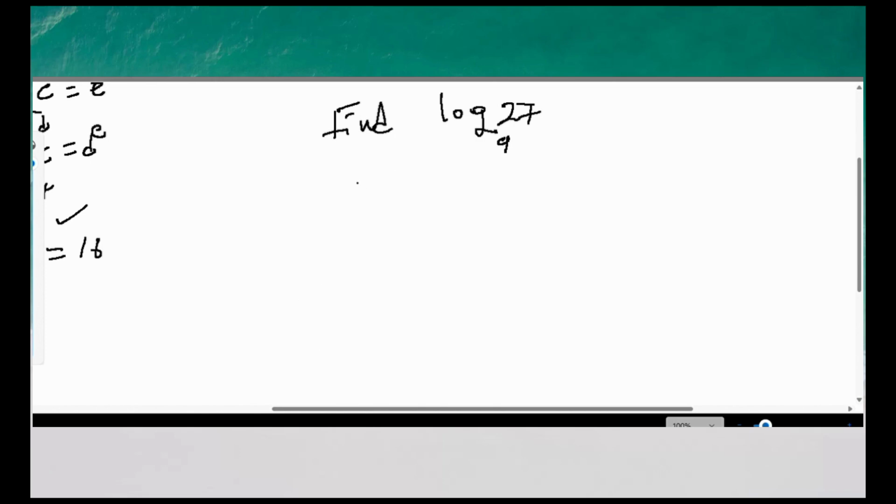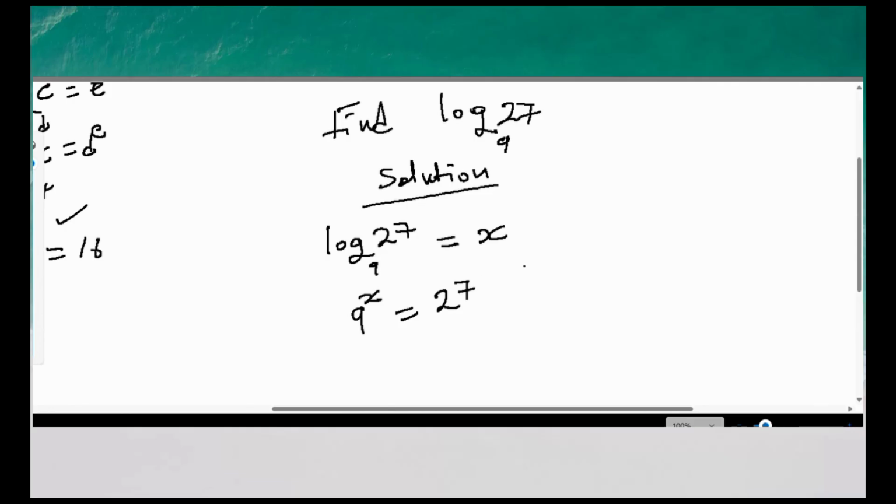Just as we did initially, we have to equate our log 27 base 9 to any variable of our choice. This time around, let us use the variable x. Doing that, by the definition, we can say that 9 raised to the power x, our base raised to the power of the result, is going to be 27.